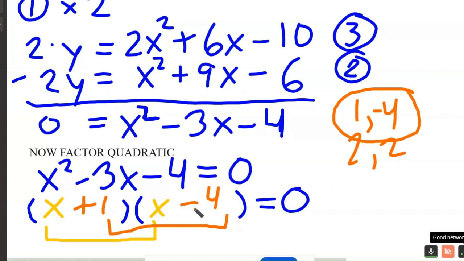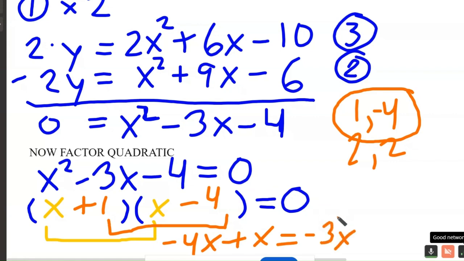What will that give us when we add it? So 1 and negative 4, that's going to give us a negative 4 for our last terms multiplied. The outside terms, when multiplied, are going to give us a negative 4x. Inside terms, when multiplied, would be a positive 1x, or positive x. And when we add those up, we get a negative 3x, which we can check.